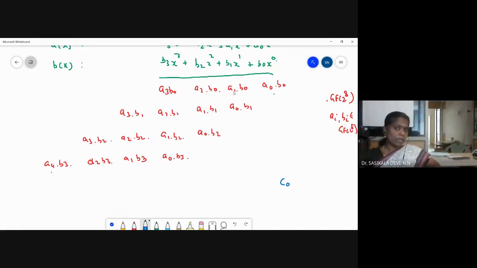What is the x power 1 term? a1 into b0 XOR with a0 into b1. Then a2 into b0 XOR with a1 into b1 XOR with a0 into b2 is the coefficient of the x power 2 term, and this is the coefficient of x power 3, x power 4, x power 5, and x power 6. I have represented them using the term c, the coefficients of x power 0 through x power 6.